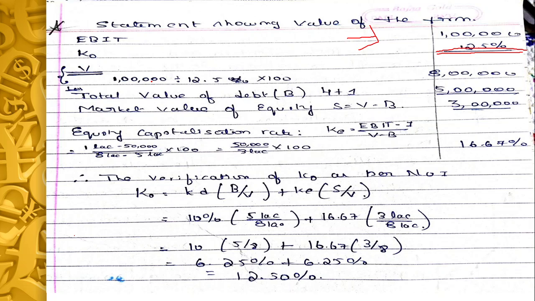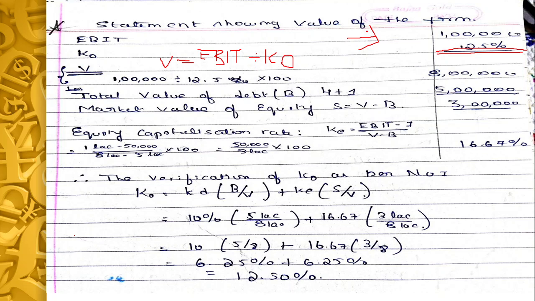What is KO? Yes. Do it. You have the formula which has been given in your assumption. V is equal to EBIT divided by K naught.